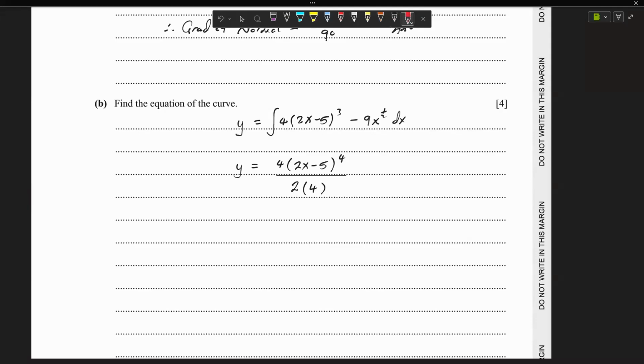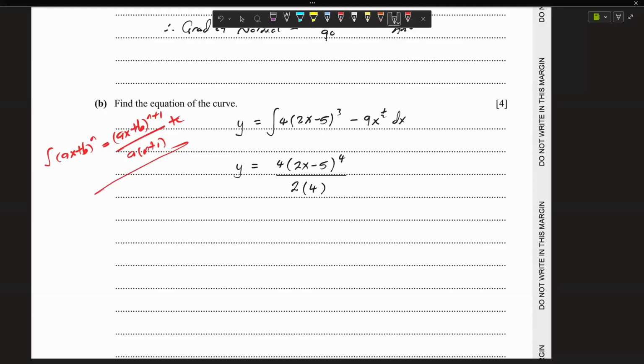So I'm using the fact that if you're integrating ax plus b to the power of n, this gives you ax plus b to the power of n plus 1 over a of n plus 1 plus c. So that's essentially what I'm using right here.